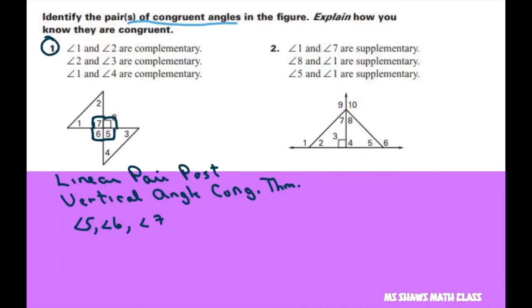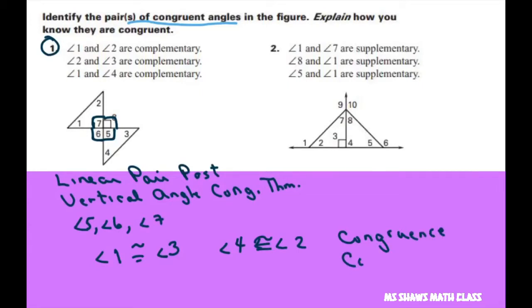Therefore, angle 1 is congruent to angle 3, and angle 4 is congruent to angle 2 by the congruence complement theorem.